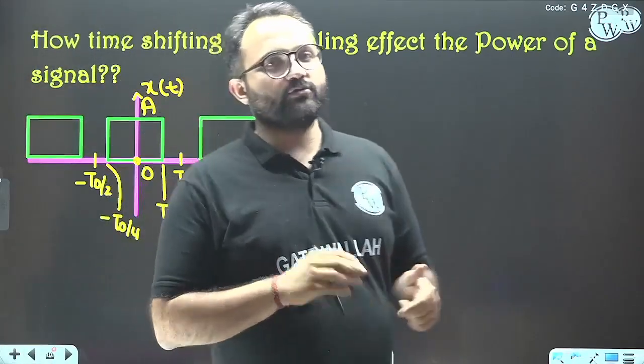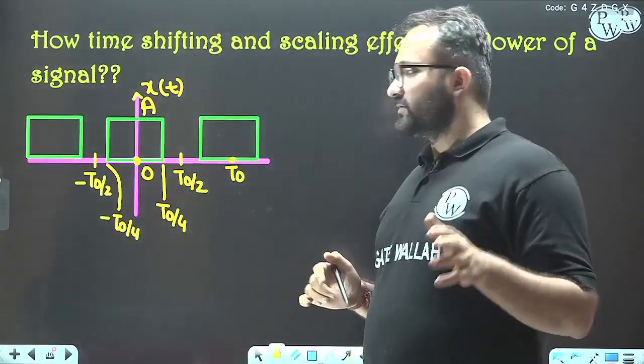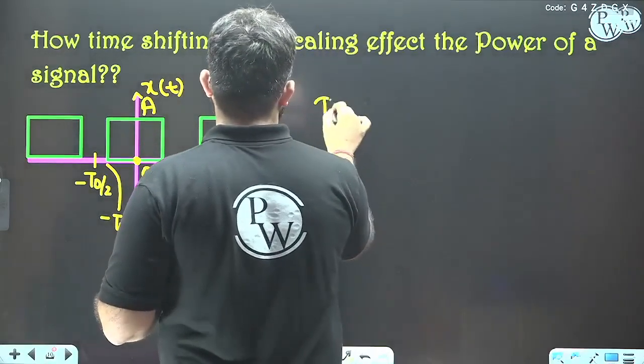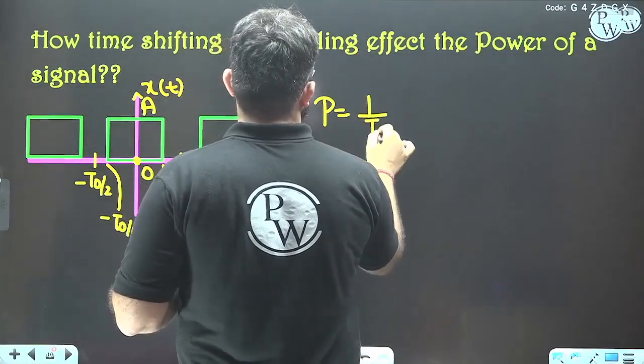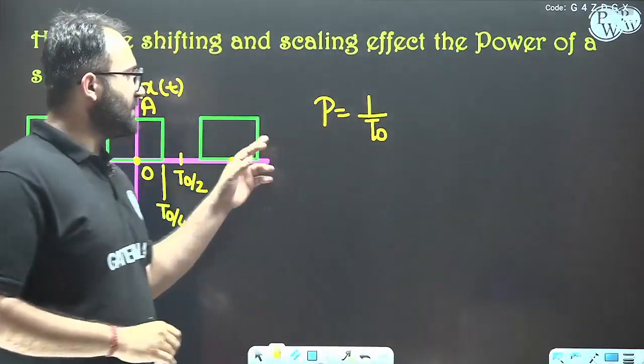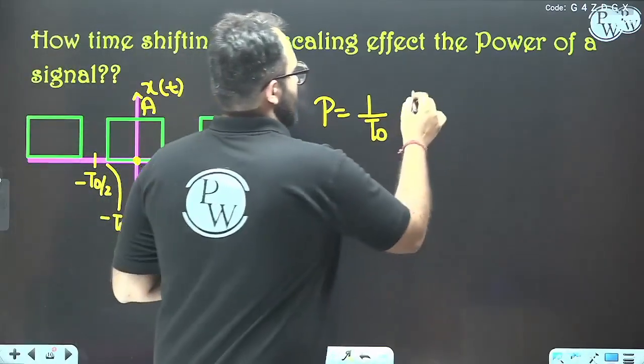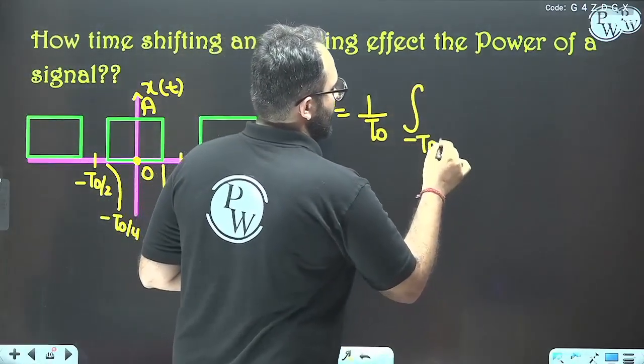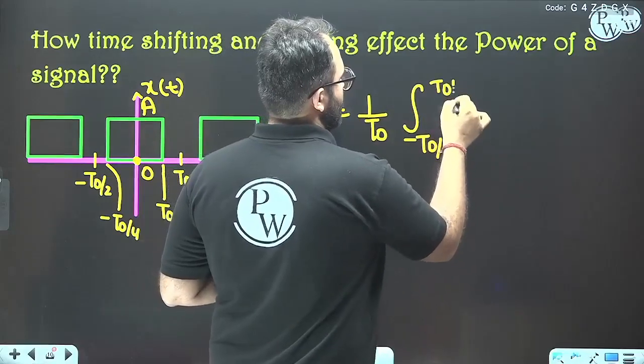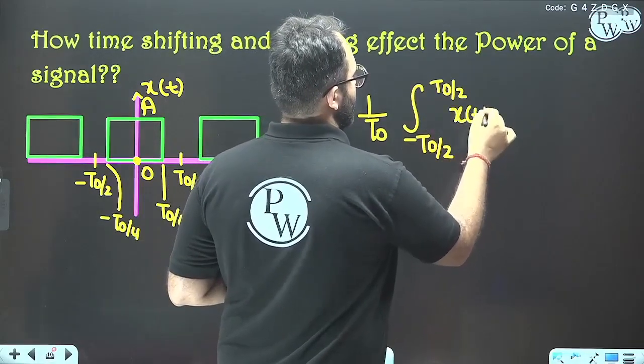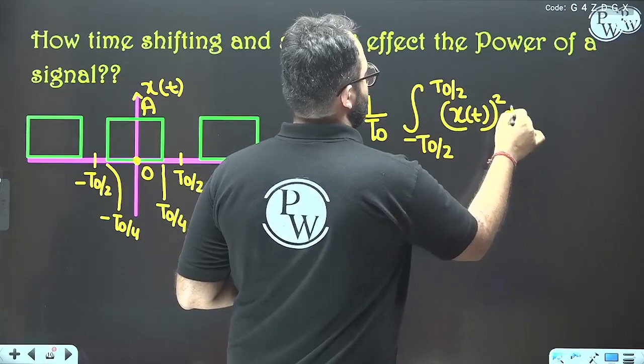So how to find out the power of a periodic signal? We know that the power of a periodic signal is equal to 1 upon the time period, that is T naught, times the integration over a time period, that is minus T naught by 2 to T naught by 2, of |x(t)| whole square dt.